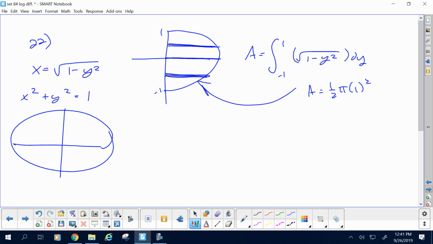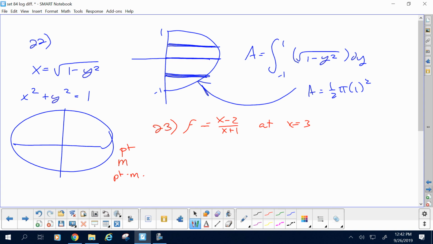All right. What about 23? Is 23 still a question? Okay, let's read it. Find y equals the normal line to x minus 2 over x plus 1 at x equals 3. So normal line is just like tangent line, point, slope, except the slope has got some monkey business in it, right?